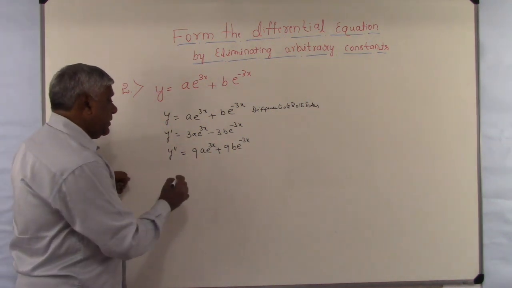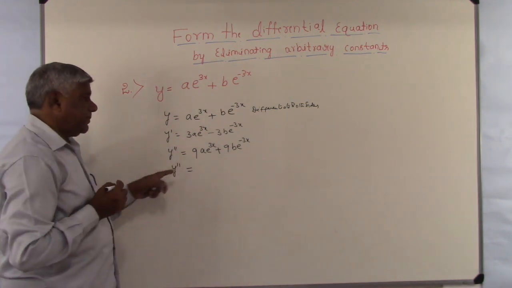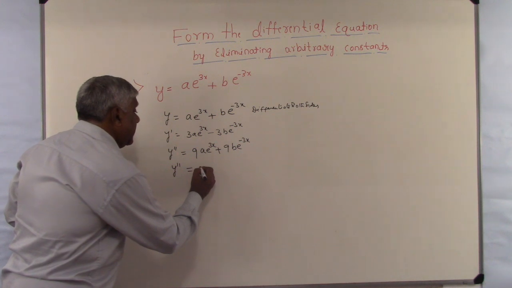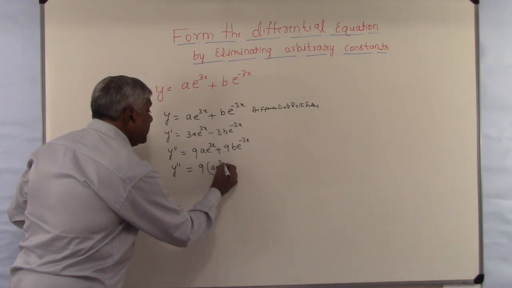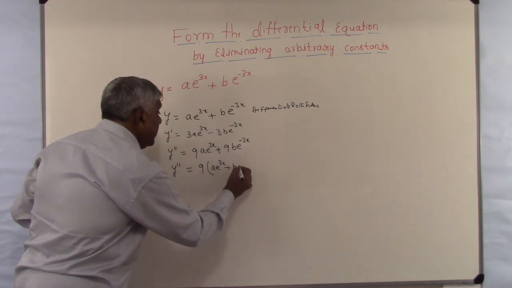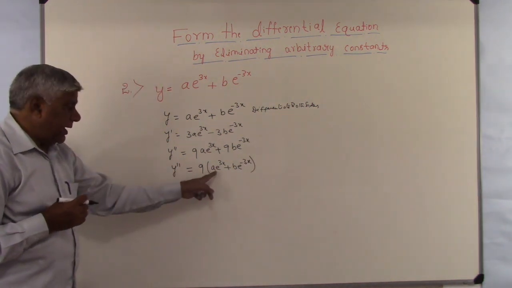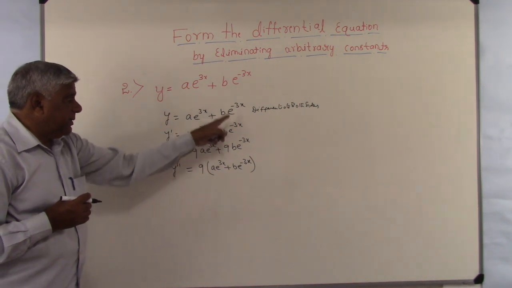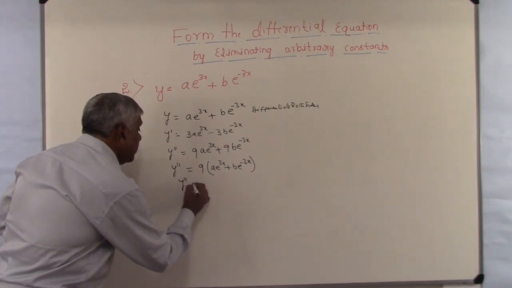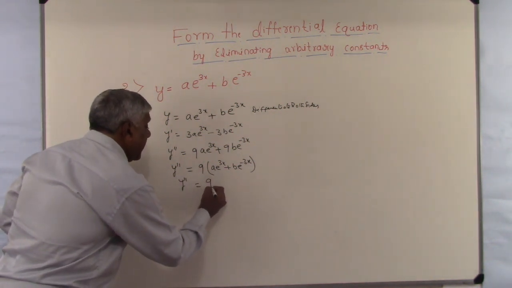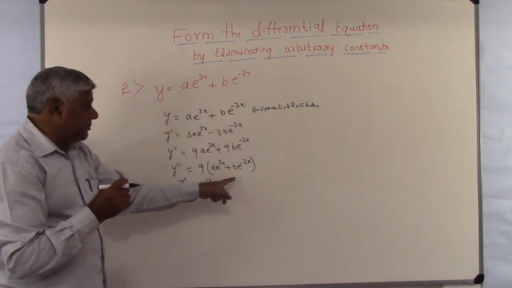Therefore, what we get here, y double dash is equal to 9, I will take common, a e to the power of 3x plus b e to the power of minus 3x. Therefore, y double dash is equal to 9y, because a e to the power of 3x plus b e to the power of minus 3x is y.